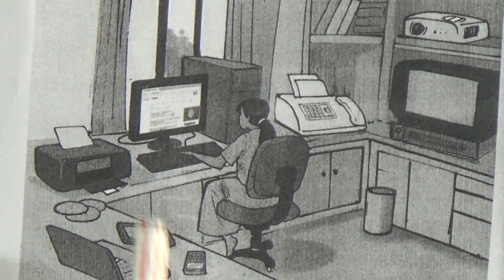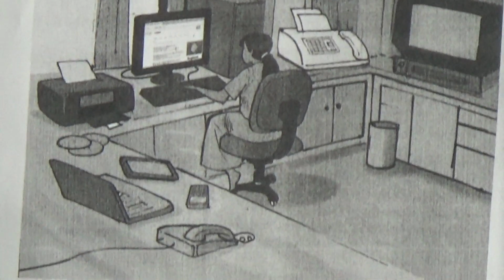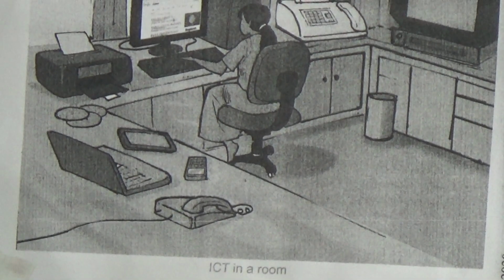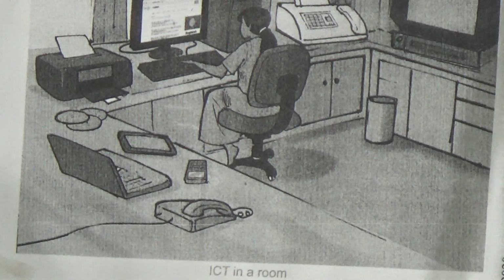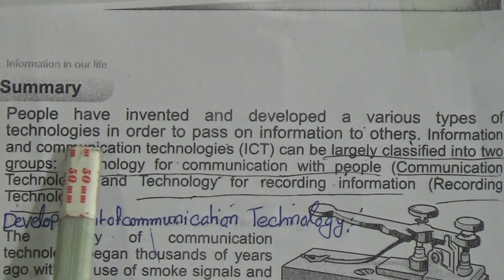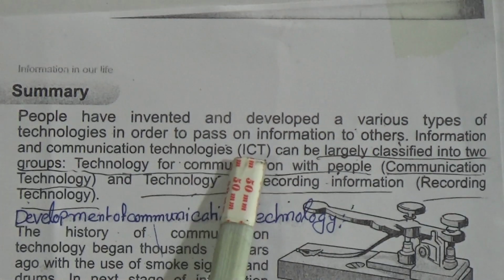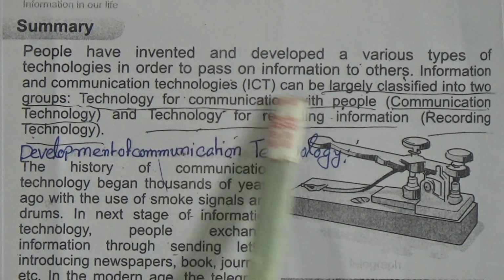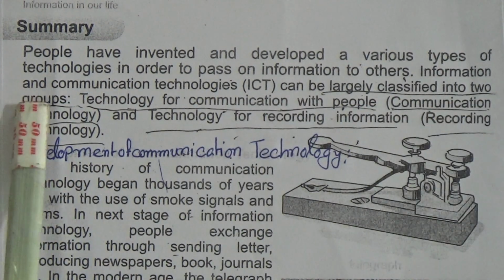And also with the mobile phone we can communicate with other people from our home and abroad. Now people have invented and developed various types of technologies in order to pass on information to others. Information and communication technologies can be largely classified into two groups.